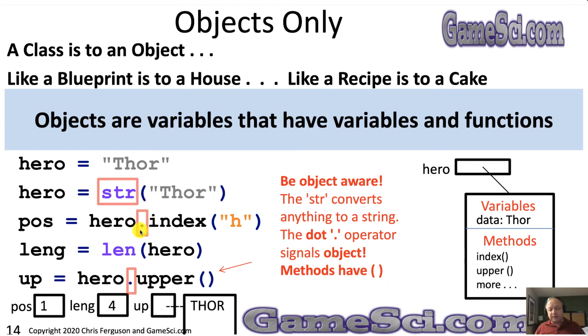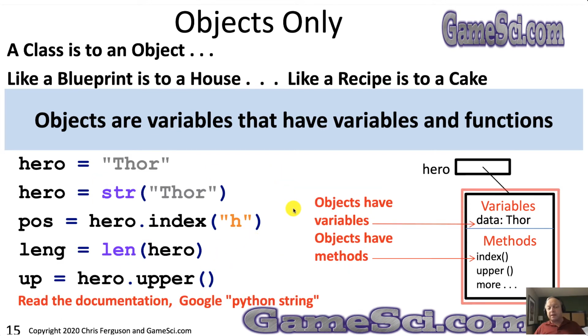Whenever you see that dot operator, you've got to say, well, that must be an object reference, and the dot says go inside the object, and this here, well, that must be a method because see those parentheses? Same down here. That dot operator tells me this hero is an object reference, and upper must be a method, a function that's part of this hero object. Methods have parentheses, so if needed, you can send them parameters.